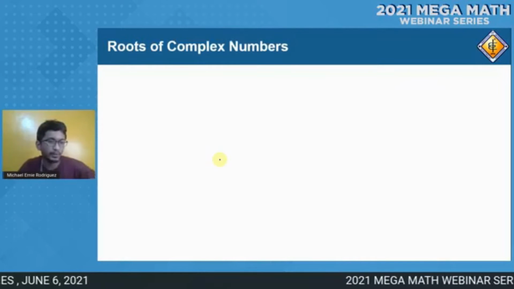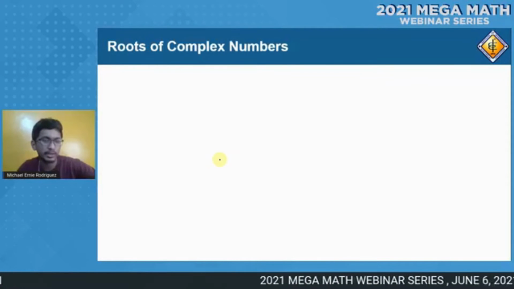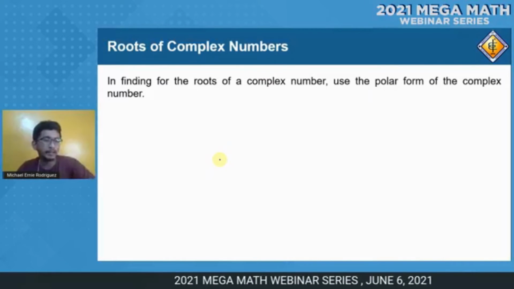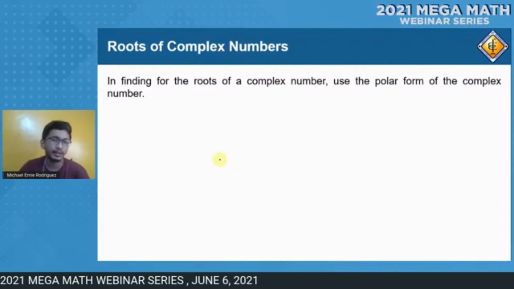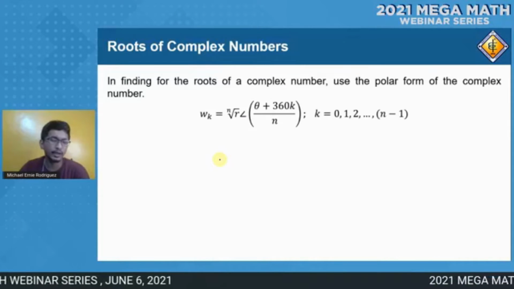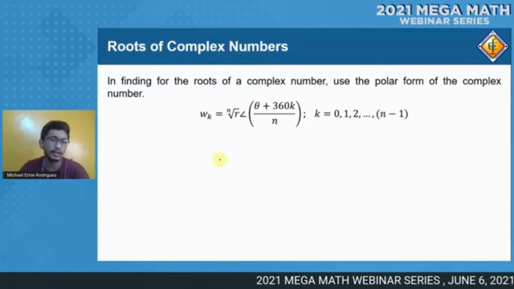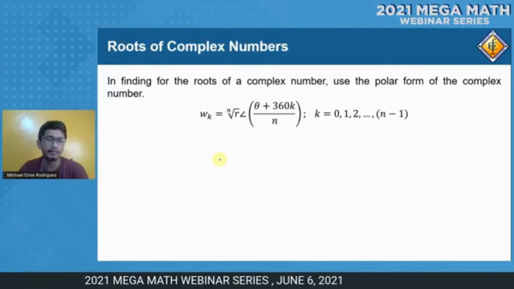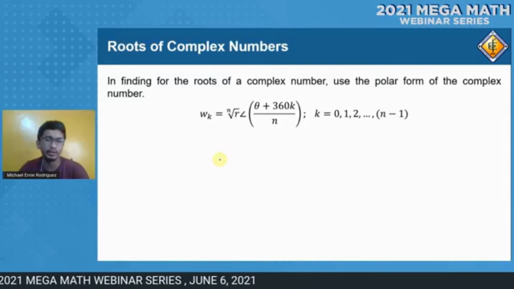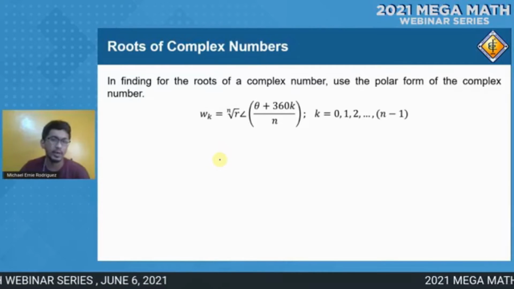And then next, proceed tayo sa roots ng complex number. So in finding for the roots of a complex number, again, we use the polar form. And then we have this formula. So W sub k is equal to the nth root of r, bar angle theta plus 360k over n. So we have k is equal to 0, 1, 2, and so on up to n minus 1.